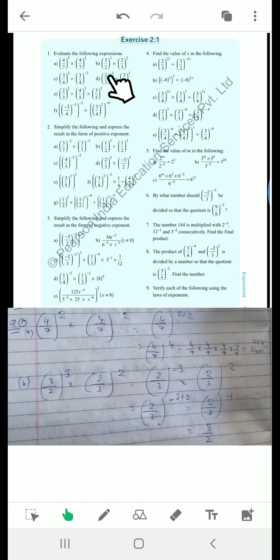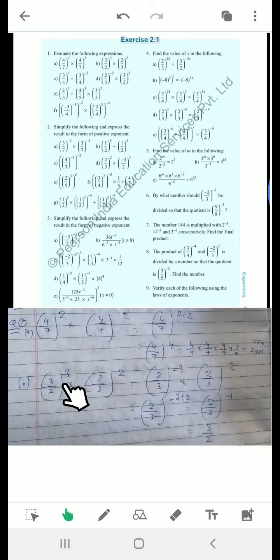Similarly, now here it is 3 upon 2 power 3 multiply 2 upon 3 power 2. Here you can see the bases are not the same and the powers are also not the same, but if you think, we can make this 3 upon 2 as 2 upon 3, and then the power, if it is positive, will become negative.